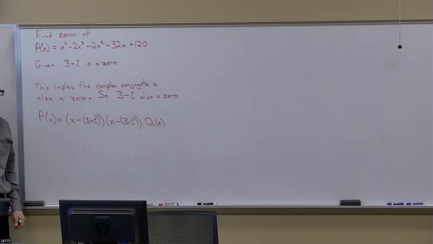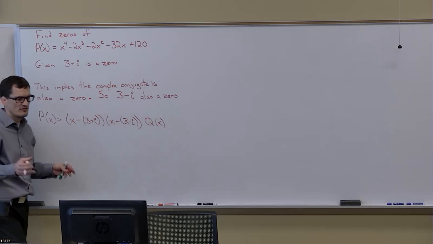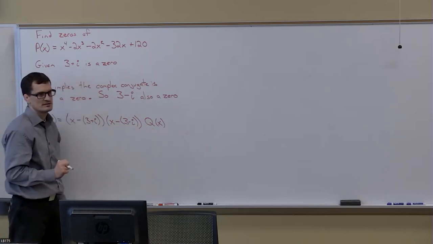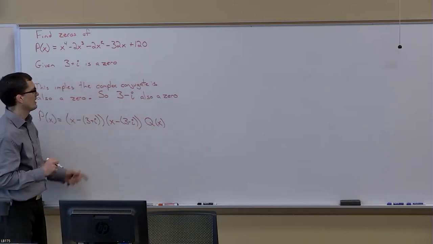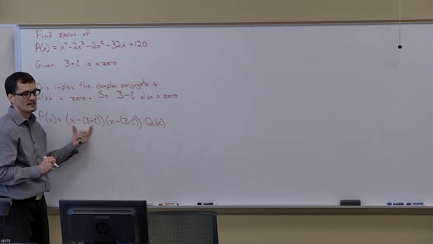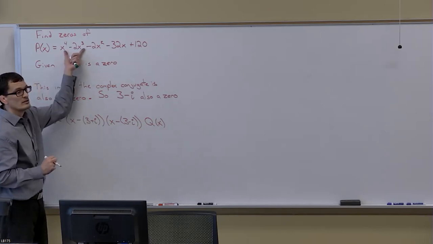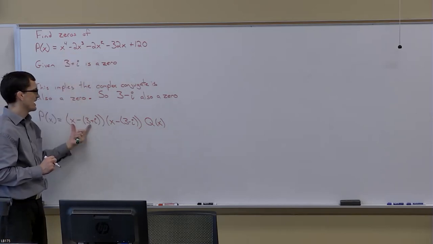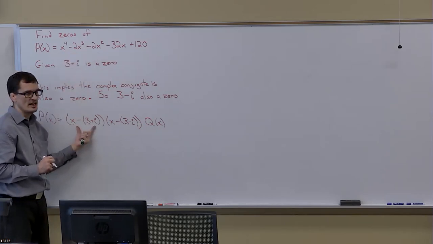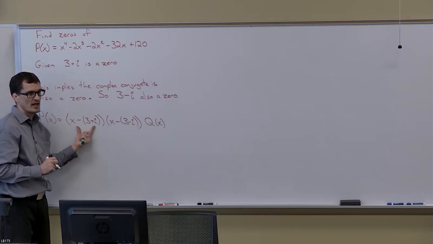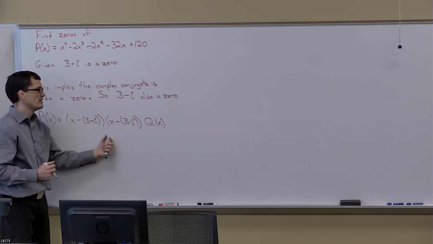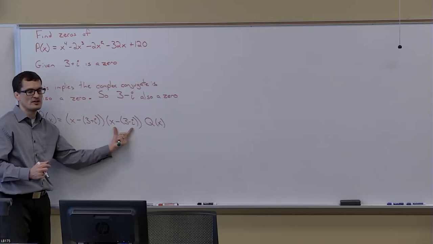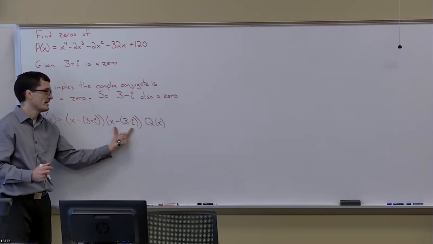Right? Now the question is, how do we find the quotient? There are a couple of different ways to find this quotient. One way would be to divide my original expression by x minus 3 plus i, and then after you get that answer, divide again by x minus 3 minus i.